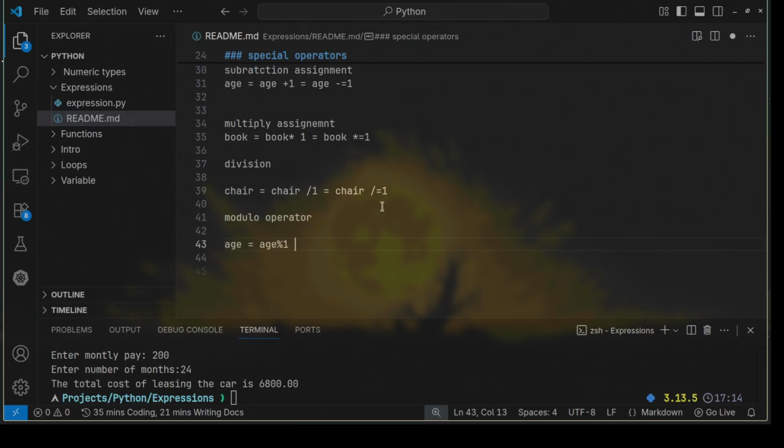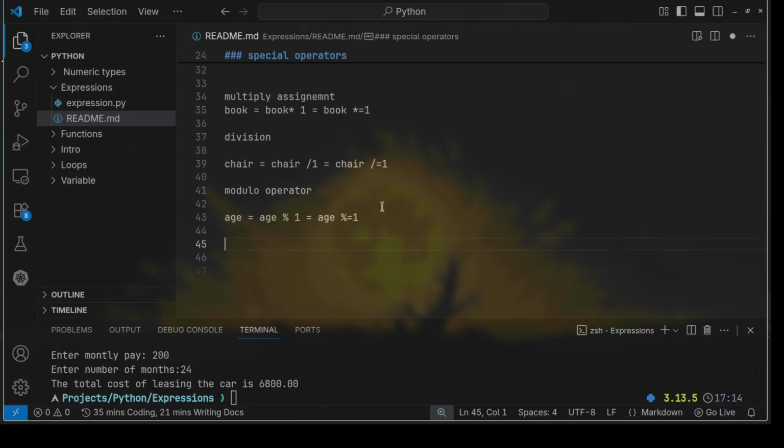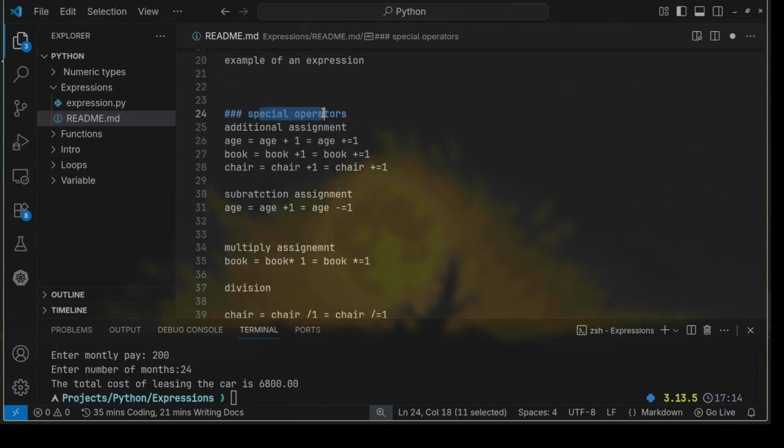Sorry for that, age modulo 1. This will equate to age modulo is equals to 1, right? Hope we are clear up to that. These are what we call special operators in expressions in Python. Hope that's clear.